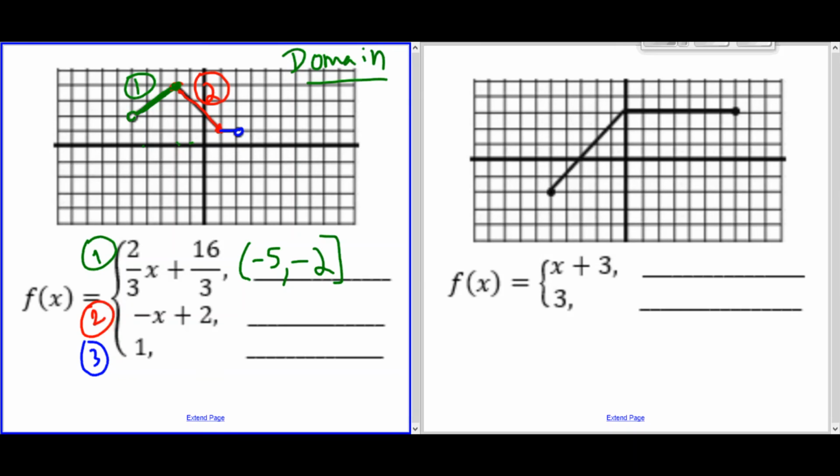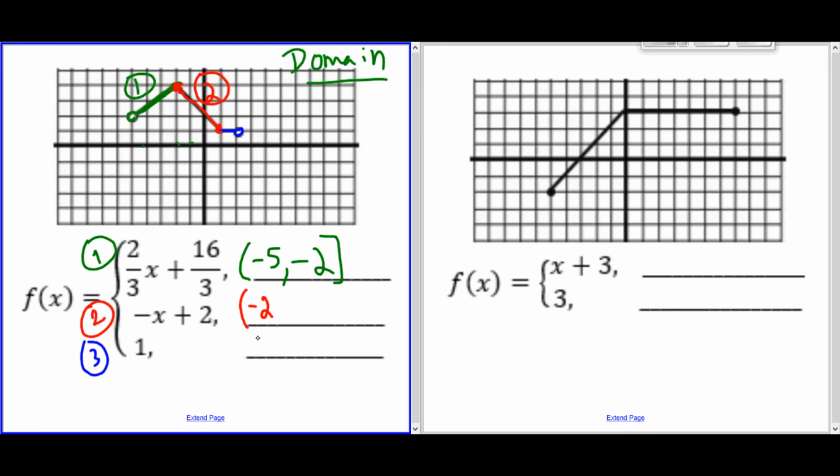Now I'm going to go to the red function. So the red function, I'm going to start it here at -2. And this time I'm going to use a parenthesis because I included it before, so I really shouldn't include it in both parts.